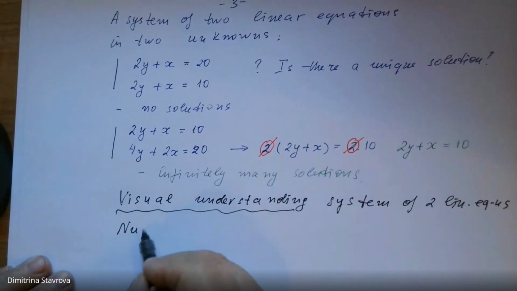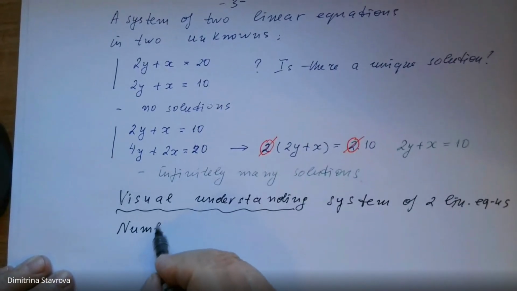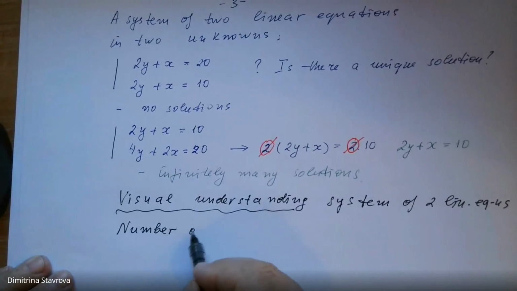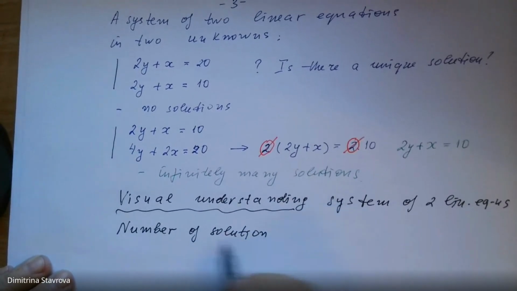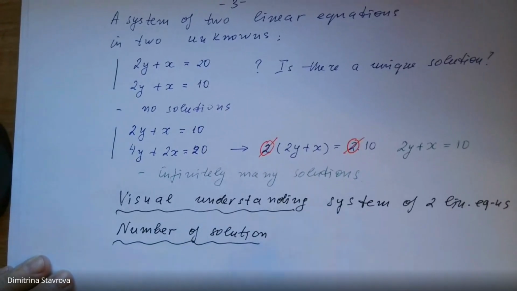The number of solutions is always a very important one. It will depend on whether we have only one solution or infinitely many.